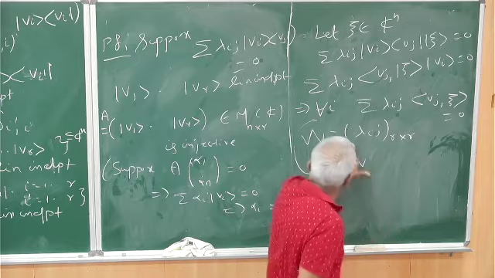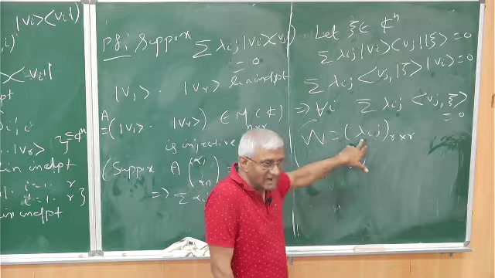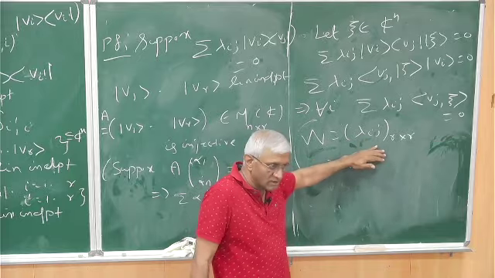So we have lambda equal to lambda ij. All we have to prove is that each lambda ij is 0. So lambda as a matrix is 0. That's what we want to prove.